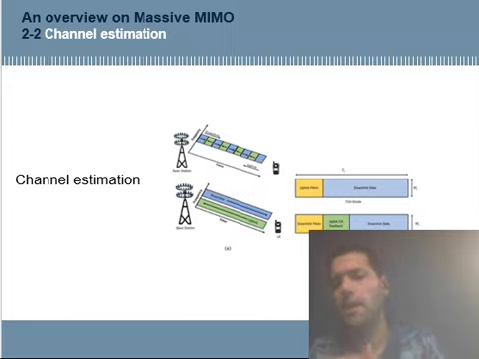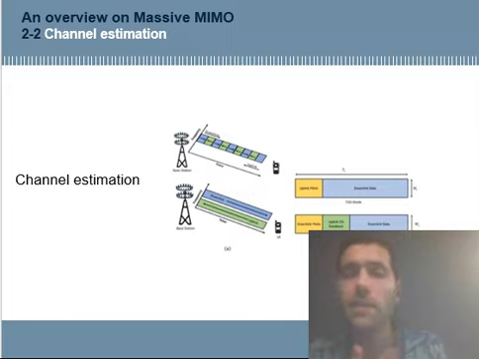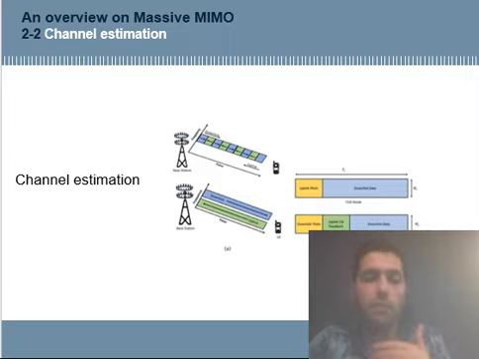If the CSI is perfect, the performance of massive MIMO system grows linearly with the number of transmitting and receiving antennas. For a system using frequency division duplexing (FDD), CSI needs to be estimated both during downlink and uplink.